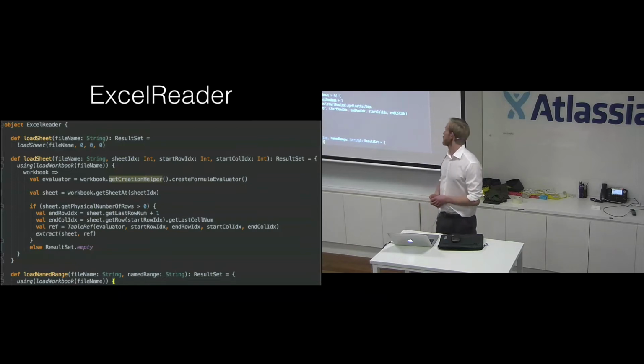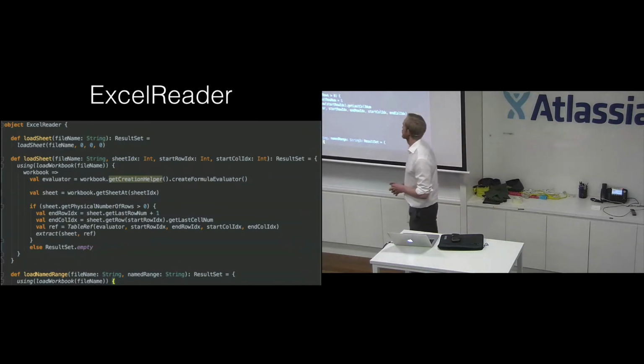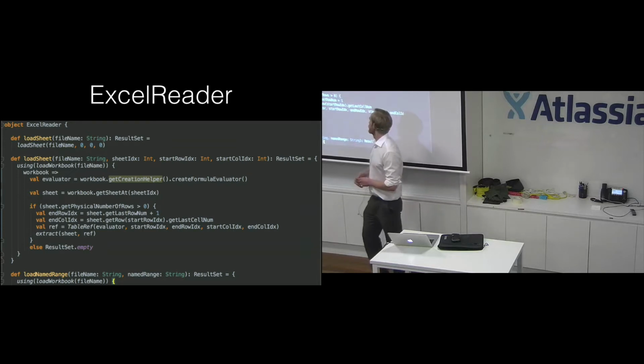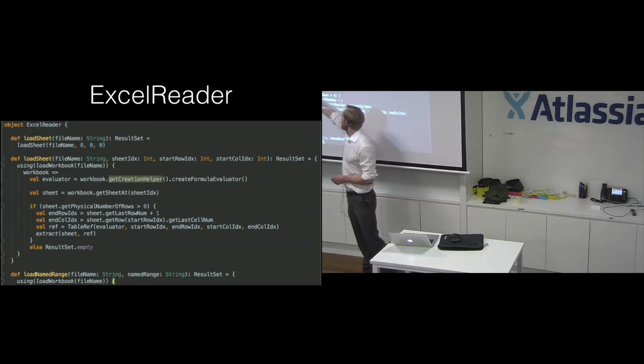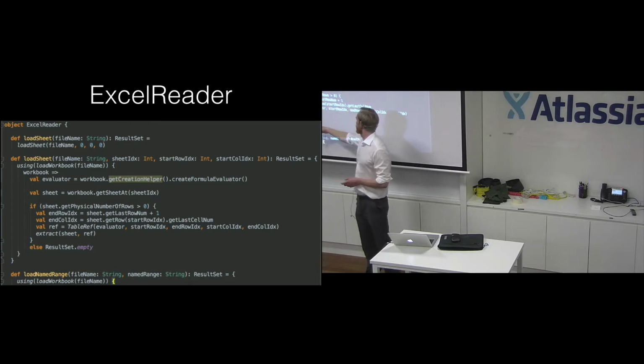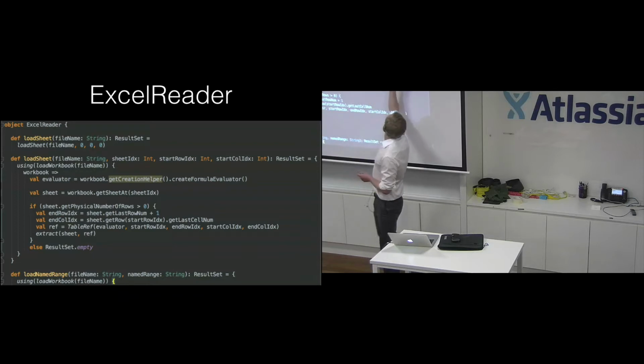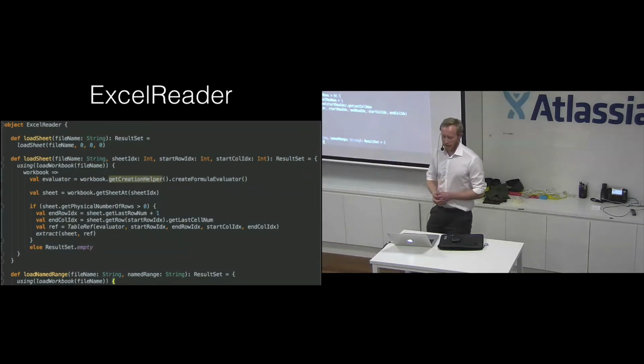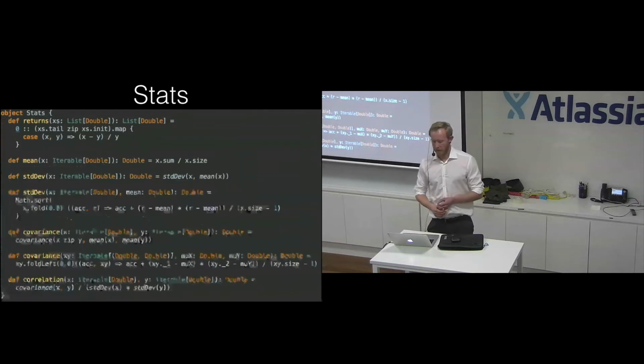But the point is that for people coming from a Java background, we've got this closure here, which captures any exceptions or anything else that can be thrown, but ultimately extracts the sheet into this result set, which encapsulates what's in the spreadsheet. We've just created an object to wrap it, and then we've got our stats library.